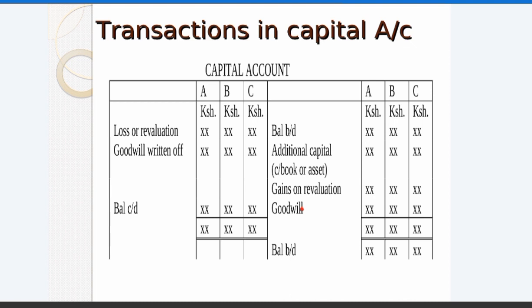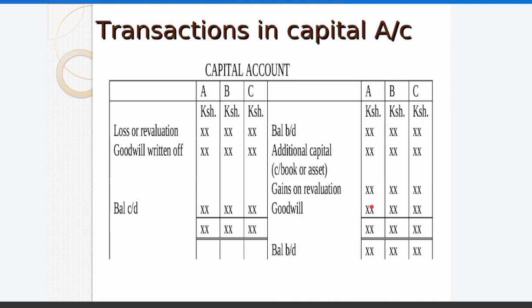And lastly, the capital will increase from a share of goodwill. Whichever way or by whichever means goodwill is created, goodwill is normally shared amongst the partners in their profit sharing ratios. In this case, the goodwill share of each partner will increase the capital of that partner.